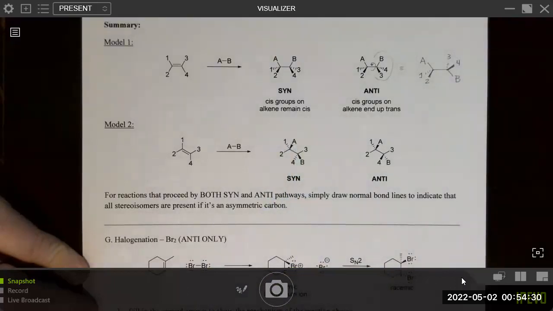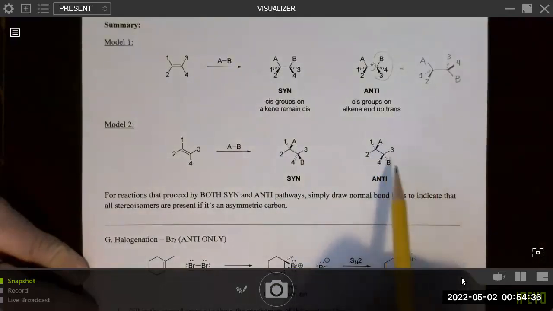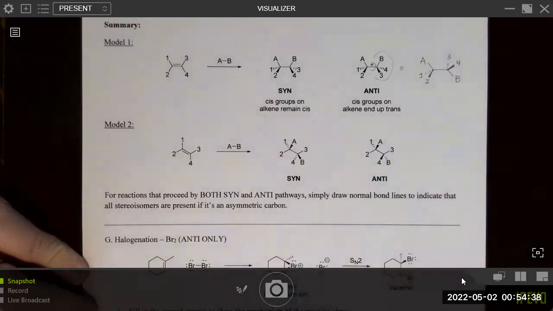And typically you would get a mixture of both of those. And then anti-addition is 1 up and 1 down. And of course, the opposite can also happen, where A would be back and B would be forward. And again, we get both of those. We're just drawing 1 here in this case.